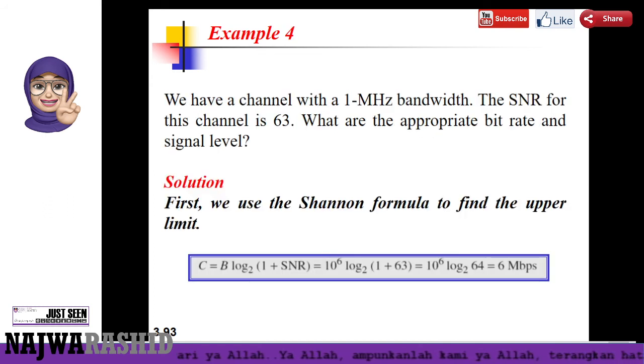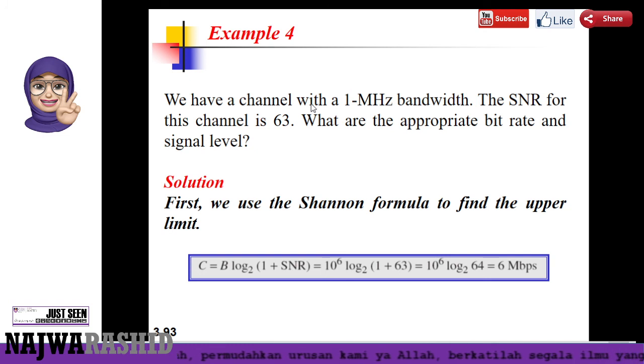Okay, next example, we have a channel with 1 megahertz bandwidth. The SNR for this channel is 63. What are the appropriate bitrate and signal level? First, we use the Shannon formula to find the upper limit. C capacity equals B bandwidth times log base 2 of 1 plus SNR. Bandwidth is 1 megahertz, so 1 times 10 power of 6 times log base 2 of 1 plus 63, where 63 refers to the SNR.